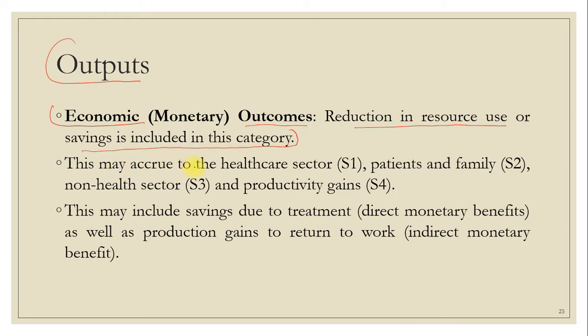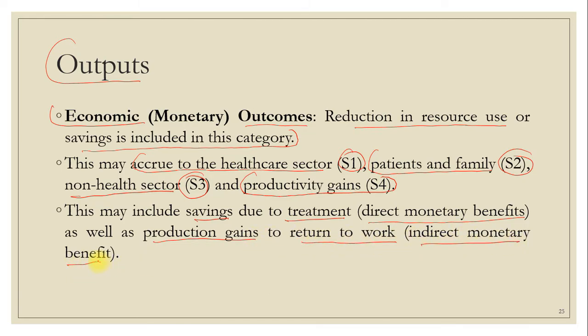This may accrue to the healthcare sector, that is S1, then patients and family, that is S2, then non-health sector, that is S3, we can say external to the healthcare sector, and the fourth is productivity gains, that is S4. This may include savings due to treatment, that is direct monetary benefits, as well as production gains to return to work, that is indirect monetary benefits.